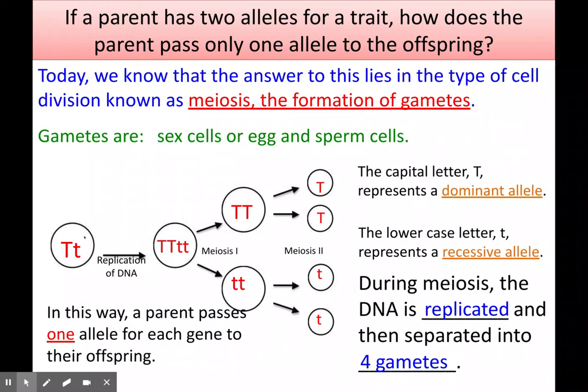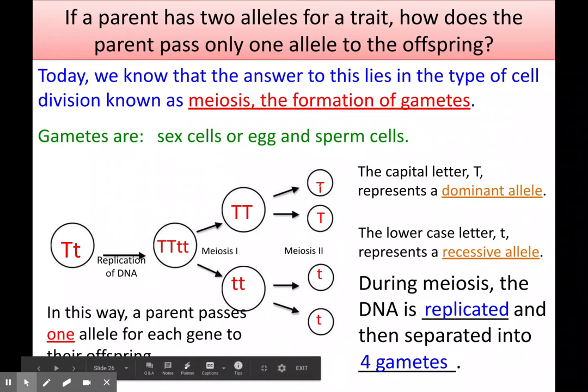So each parent is going to start out with two because they got one from their mom and their dad. During meiosis 1, those are doubled and then split, and then in meiosis 2, those are split again. So each of the 4 sperm or 1 egg and 3 polar bodies, these are going to be passed on to the offspring. So there's a 1 in 4 chance for each allele that they're going to get.